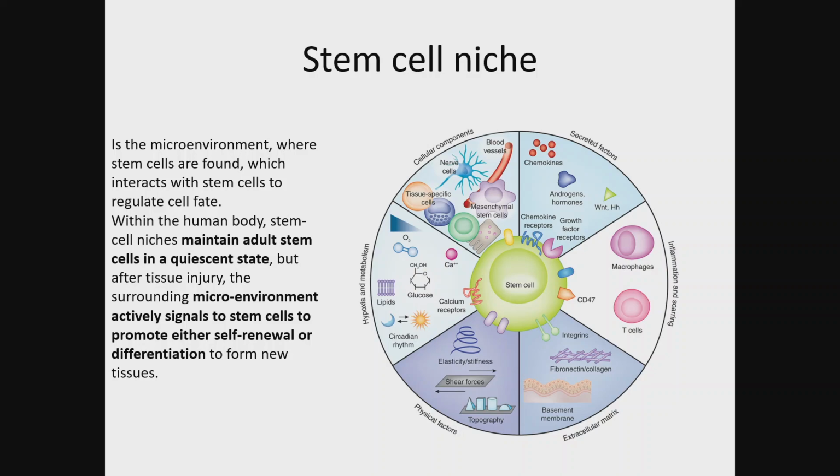No? Okay. So we have to maintain the adult stem cells in a quiescent state, meaning they are in G0, they are not dividing, but they are not senescent. And just when they get the signal, for example, after injury, when we damage our muscles and we get a cut or whatever, we start regenerating. So we get a signal from the injury that we need new muscle cells to be produced.